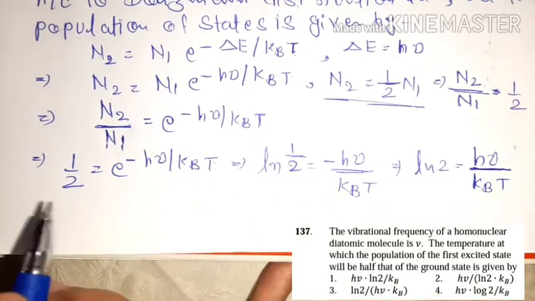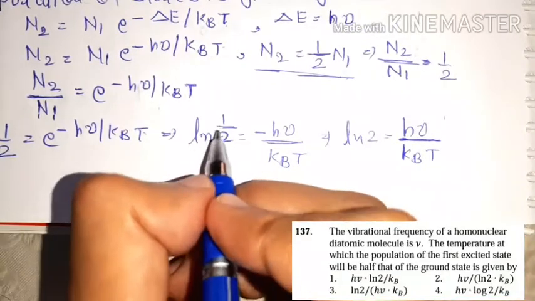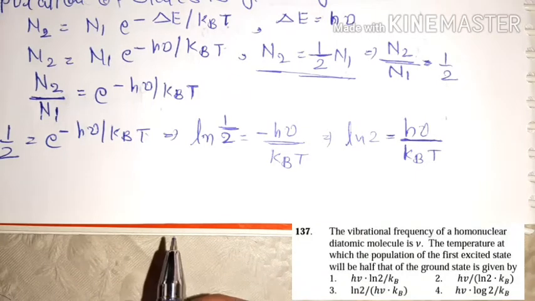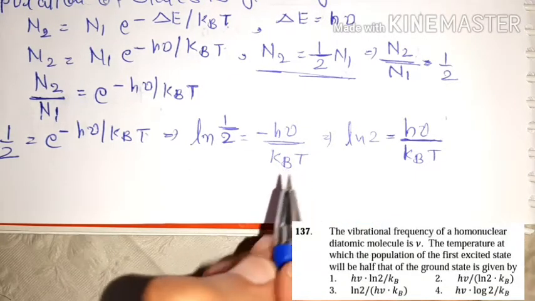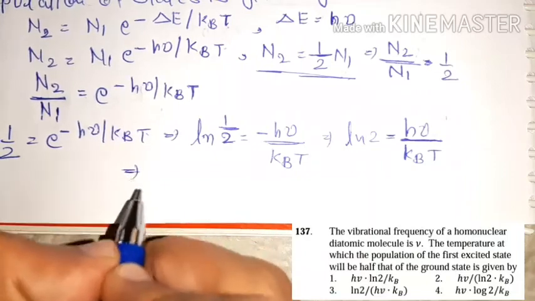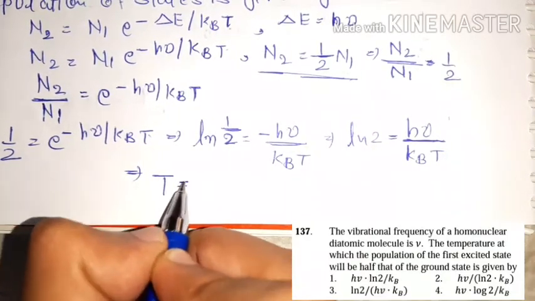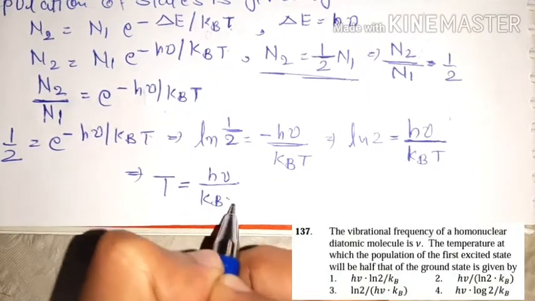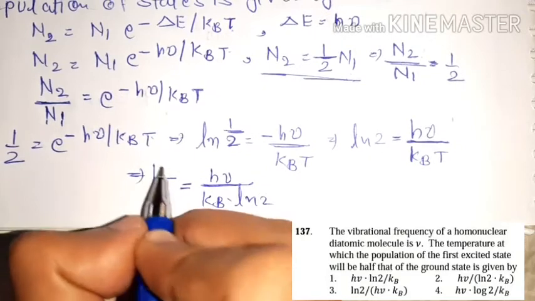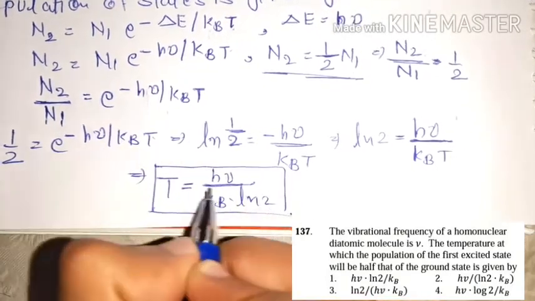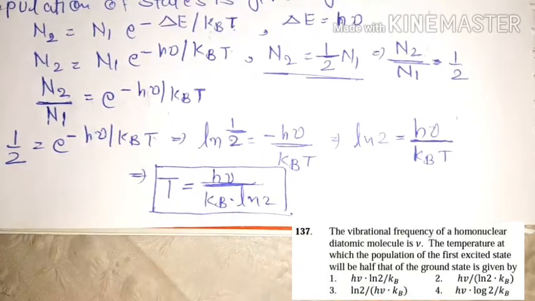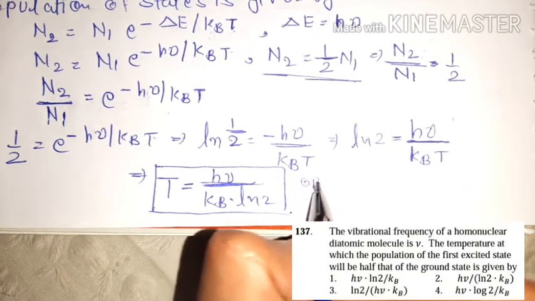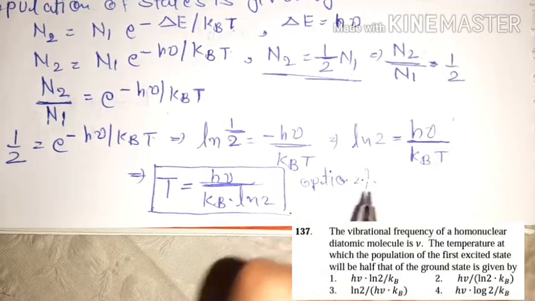When you remove the minus sign in this equation, ln 1 by 2 will become ln2 and this will be positive: ln2 is equal to h nu upon kb into t. From this we get that T is equal to h nu upon kb into ln2. So this is the value of temperature, and this is your option number second. Your option number second is the correct answer for this question.